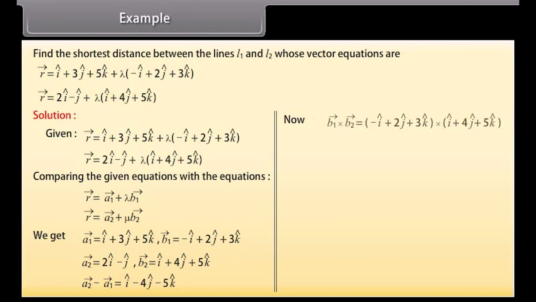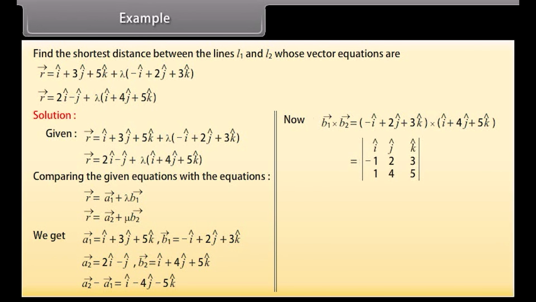Now, the cross product of vector b1 and vector b2 is (minus i cap plus 2 j cap plus 3 k cap) cross (i cap plus 4 j cap plus 5 k cap) equals the determinant, row-wise: first row i cap, j cap, k cap; second row minus 1, 2, 3; third row 1, 4, 5; which equals minus 2 i cap plus 8 j cap minus 6 k cap.